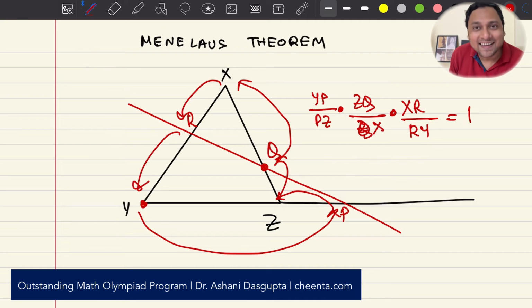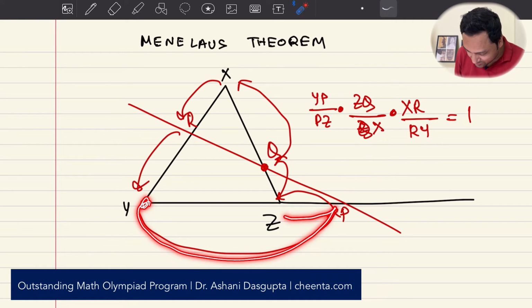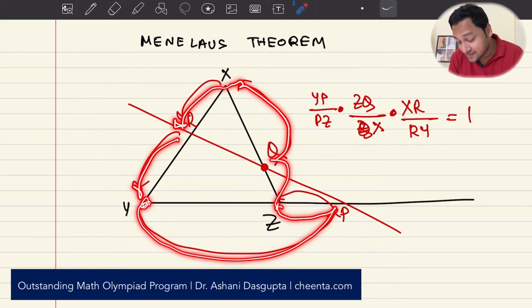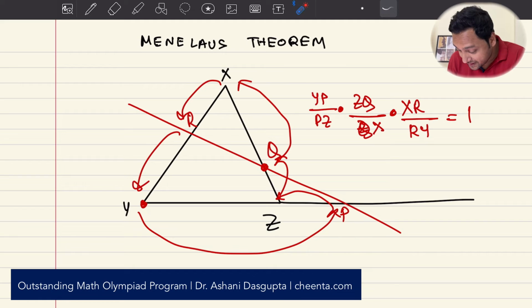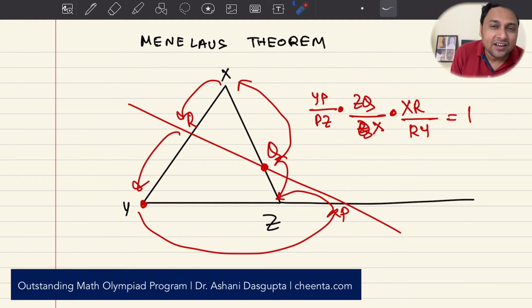So notice what I just did. I started with a vertex and just traveled around the entire triangle. That's how I at least remember this. So you take the product of these three things, it's 1. Actually, if you take the signed product, it will be -1. I'm not going to go into that detail. Just magnitude wise, this is just 1. This is the Menelaus theorem.